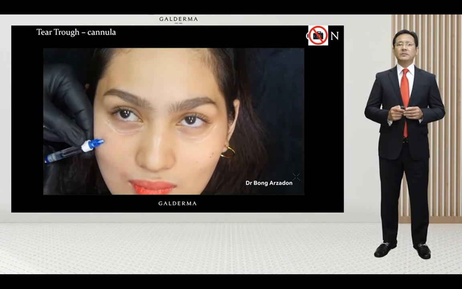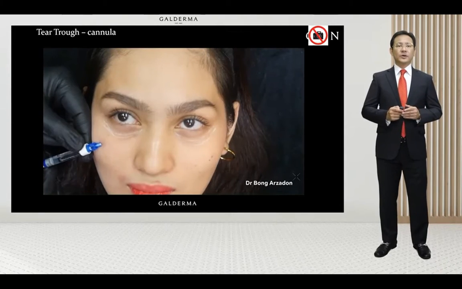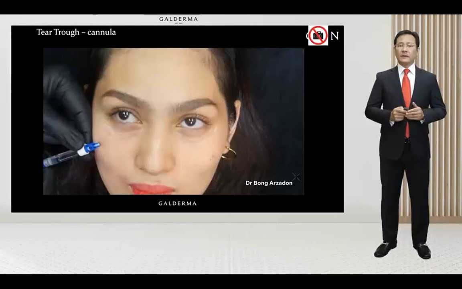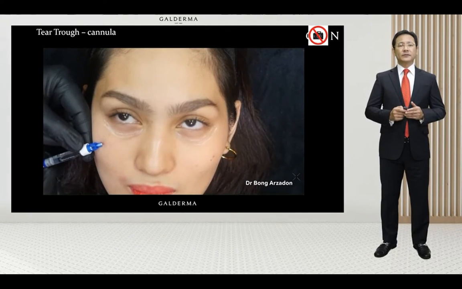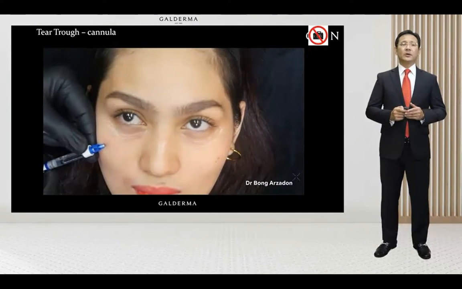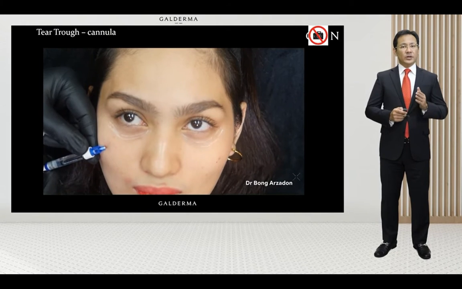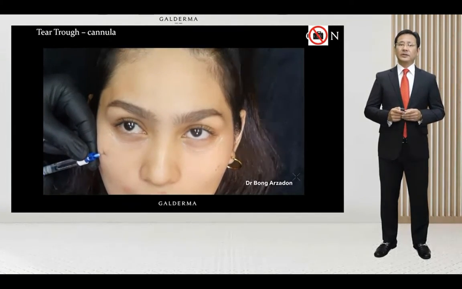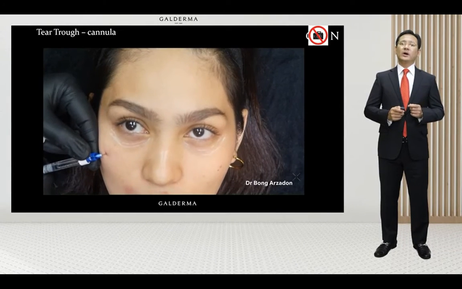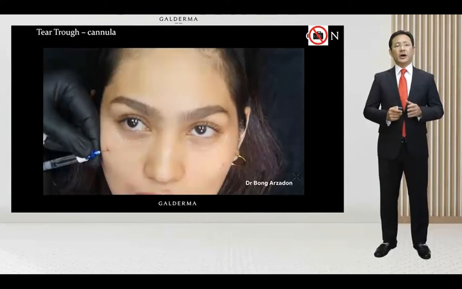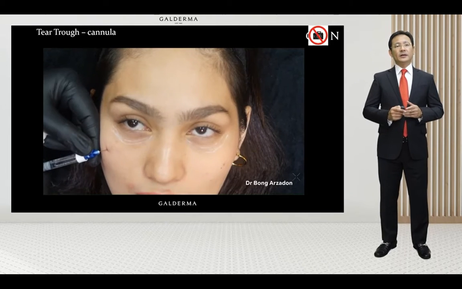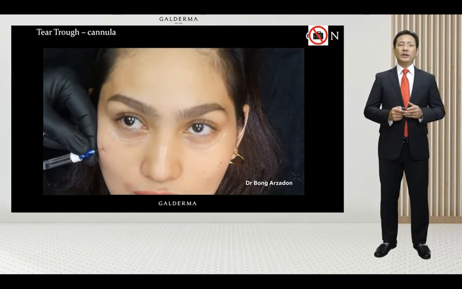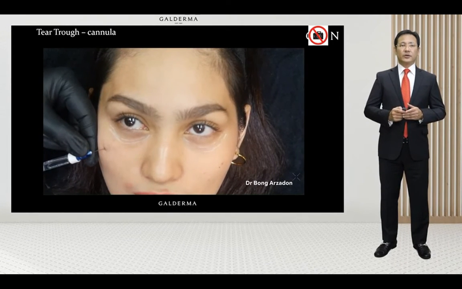Notice how I position my smart hand over the orbital rim to avoid inadvertent injury of the globe. I would now inject on the lateral segment of the lid cheek deformity the remaining 0.1 to 0.2 of the product, bringing a total to 0.5 ml for each eye.